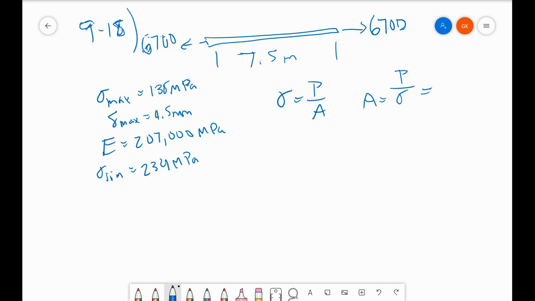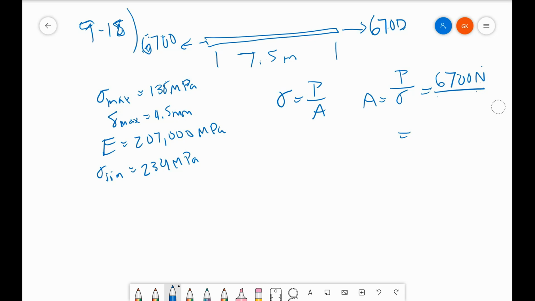And if I plug this in, what I get is that it's 6,700 newtons over 138 megapascals, or 138 million, so times 10 to the 6 newtons per meter squared. And what that will give me is, actually, wait a second, what am I doing right here?